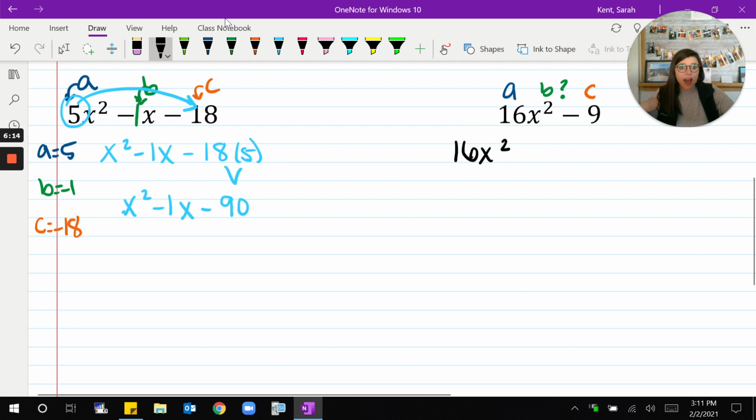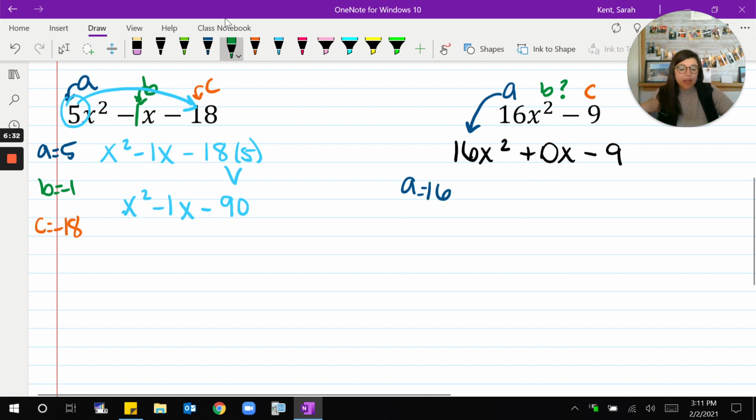If there's no x, I'm going to put plus 0x because there's nothing there. And then minus 9. So now when I go to look for A, I can see A is 16.